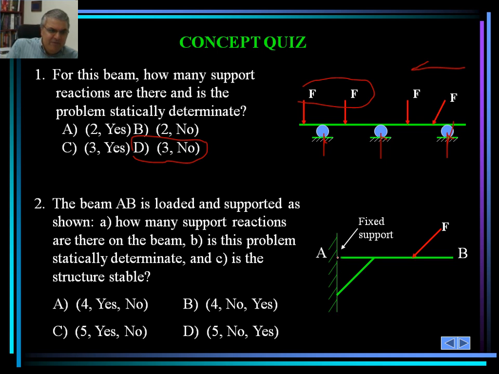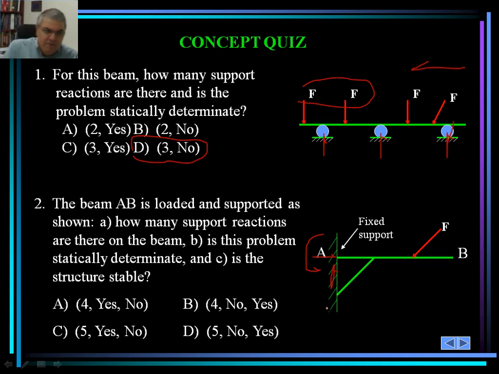They're both fixed. So at the support here there would be a fixed support, and for a fixed support there would be an X and Y component. There's also a moment. Let's assume the direction of it is in this direction.